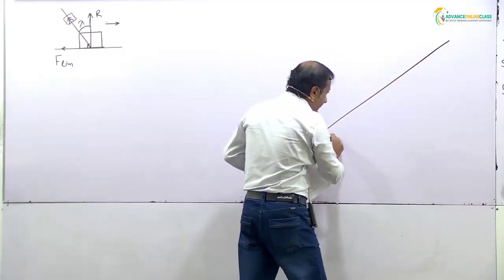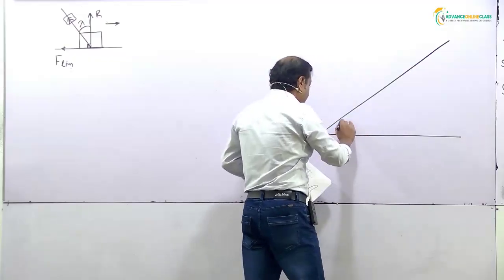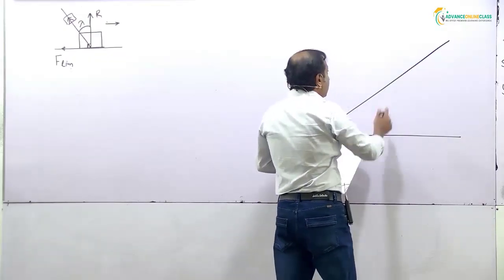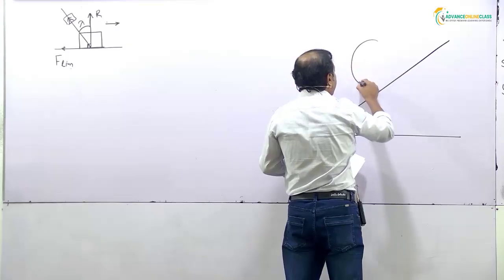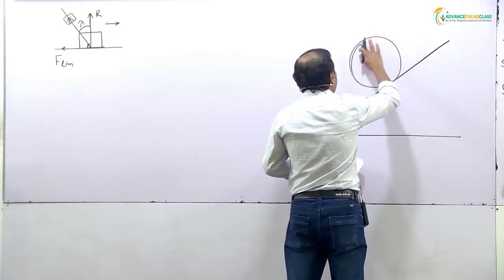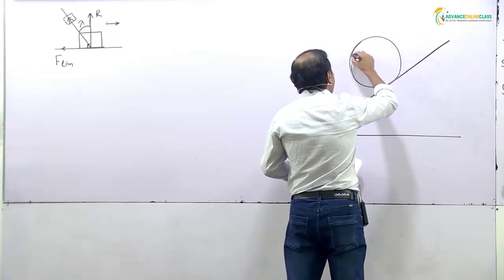Now I can draw it like this. This is the plane. This is angle alpha. This is the sphere.